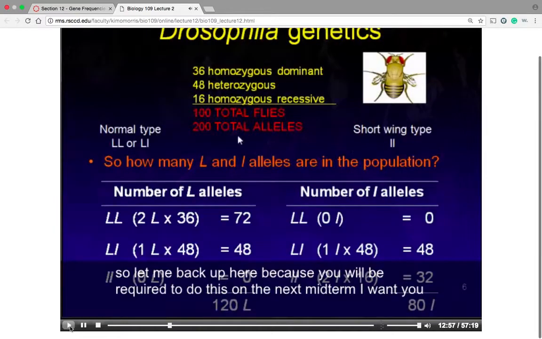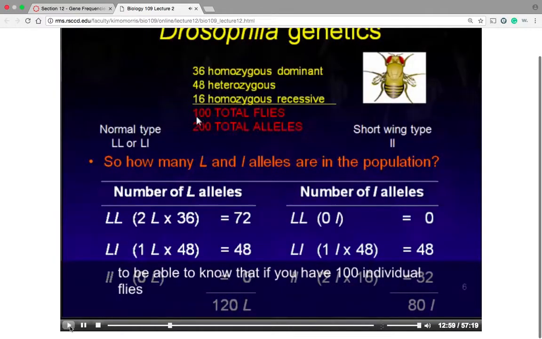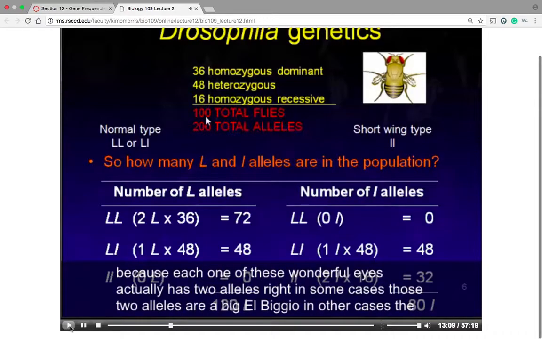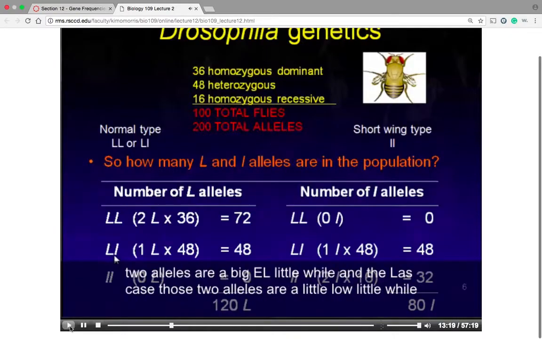So let me back up here, because you will be required to do this on the next midterm. I want you to know that if you have 100 individual flies, those 100 flies are represented by 200 total alleles, because each fly has 2 alleles. In some cases, those 2 alleles are big L, big L. In other cases, big L, little l.